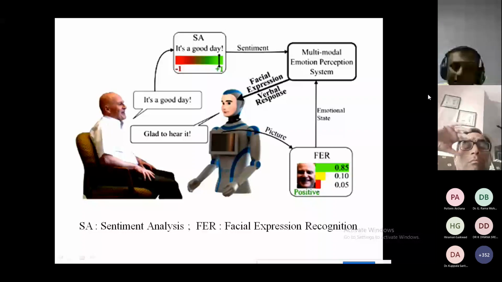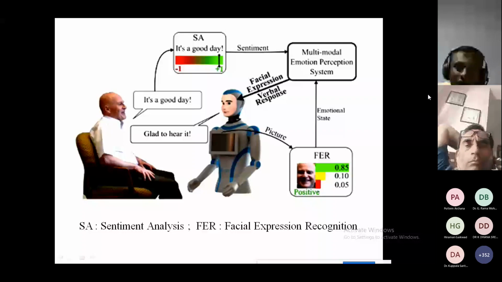Then the robot interacts with the outer environment. When the person says it's a good day, the robot senses through its analysis that it is compatible, as per the domain of the compatible zone, and it will say, glad to hear it, right?